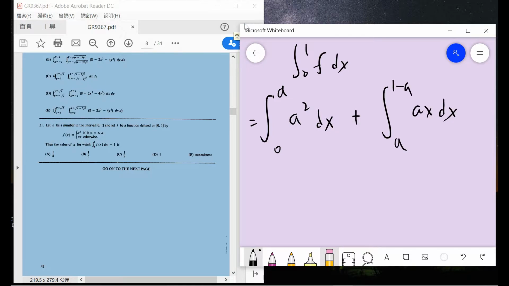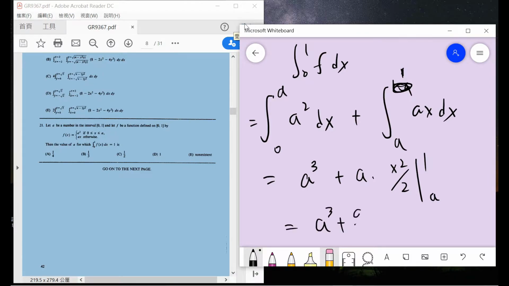So this is a cube plus a x squared divided by 2, and this is a cube plus a divided by 2 and 1 minus a squared.